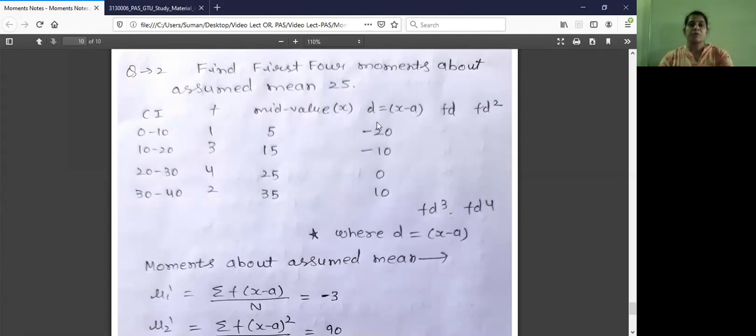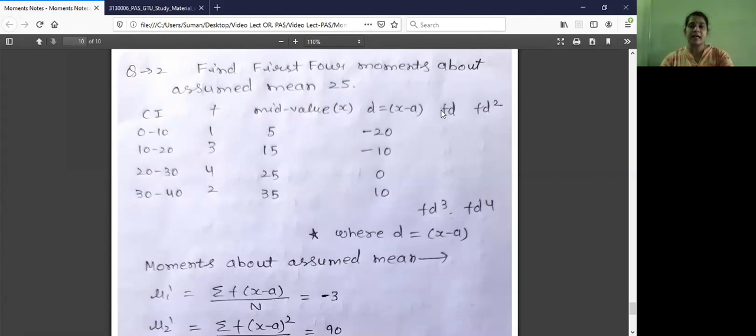Got it? So first we find d is equal to x minus a. That means 5 minus 25 is minus 20, 15 minus 25 is minus 10, 25 minus 25 is 0, and 35 minus 25 is plus 10. So for finding the first four moments, we make the tables.